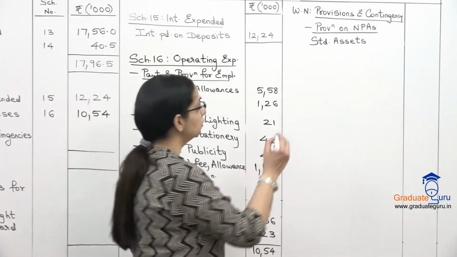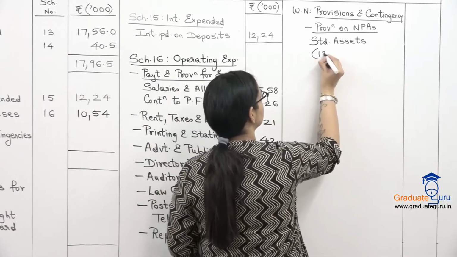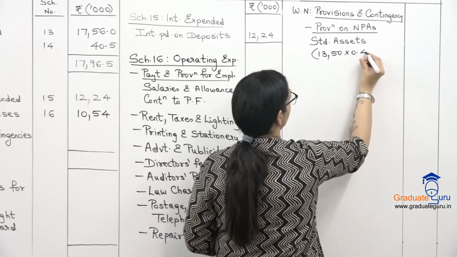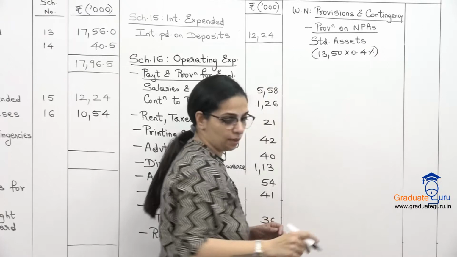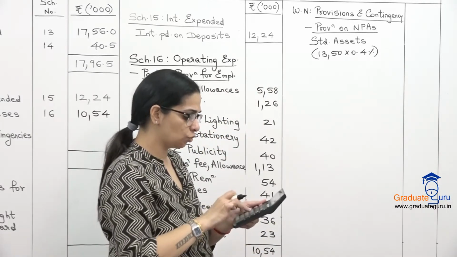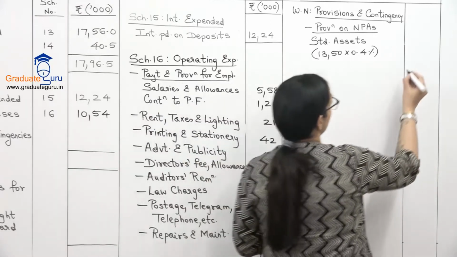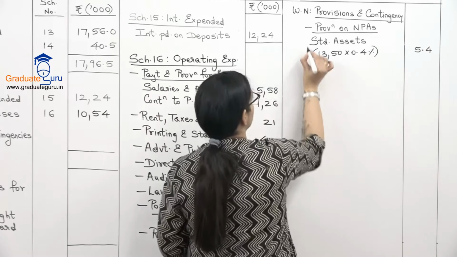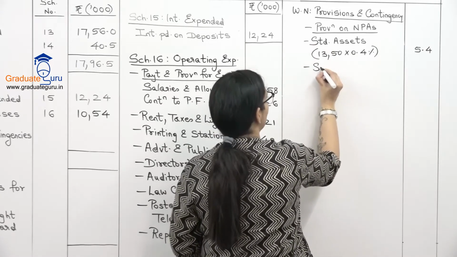So on 1350 we will take 0.4%. So let's calculate that. 1350 into 0.4% is 5.4. Then we have substandard assets.